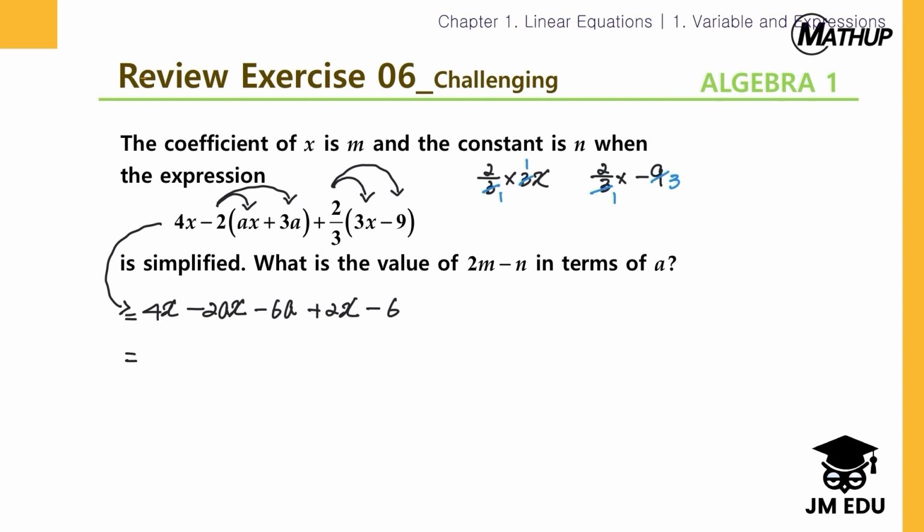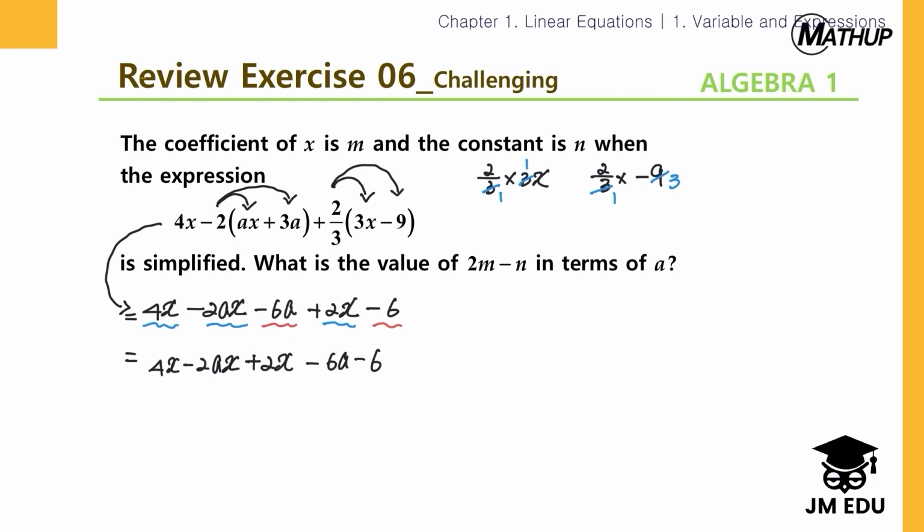So now what we're going to do is group like terms. We have 3 x terms and 2 constants. So 4x minus 2ax plus 2x. These are x terms. Constants, we have negative 6a minus 6. Right?